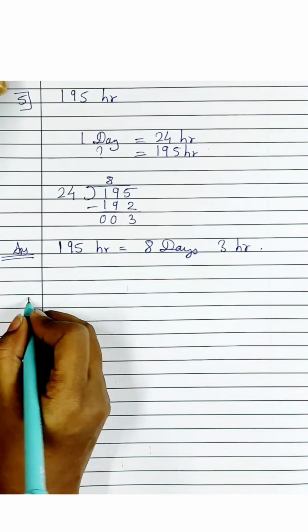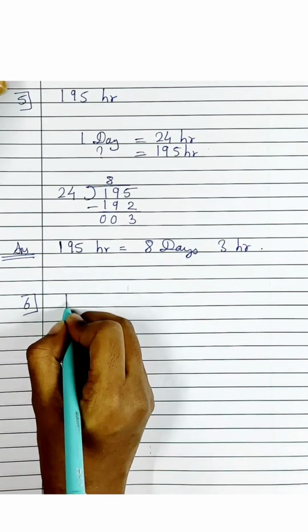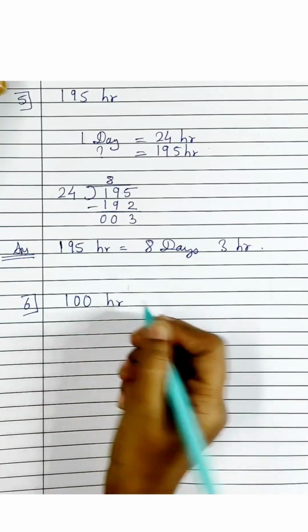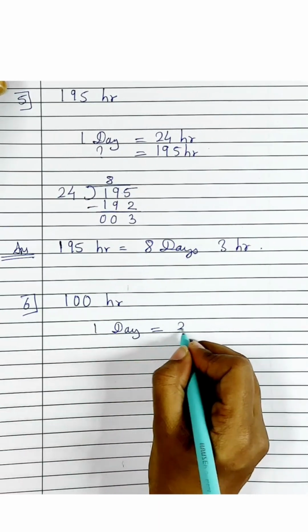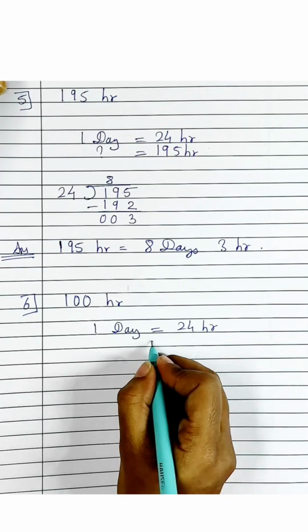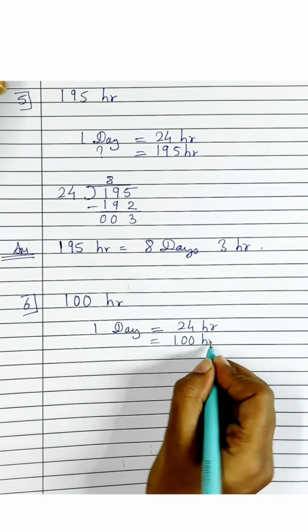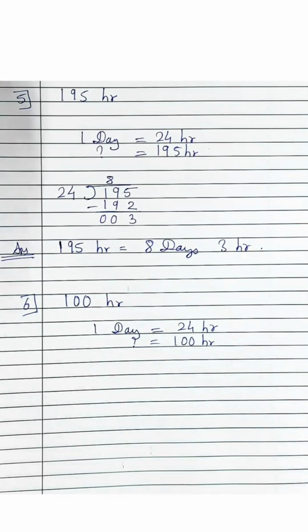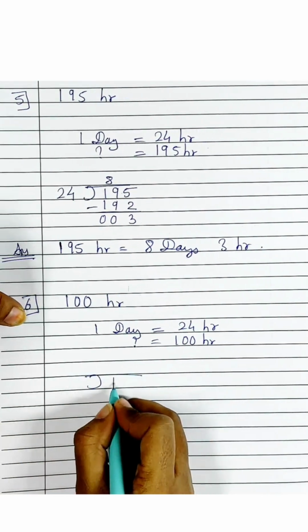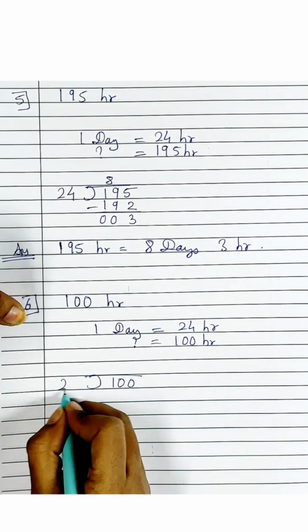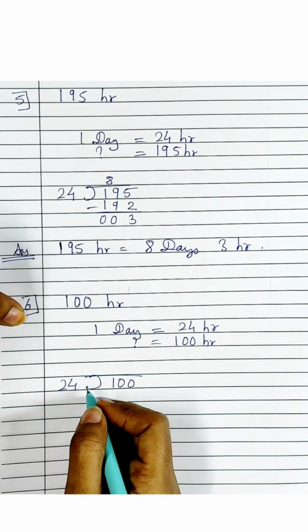Let us do one last example, 100 hours. So one day includes 24 hours. So 100 hours includes how many days? Yes, simply you have to divide 100 by 24.